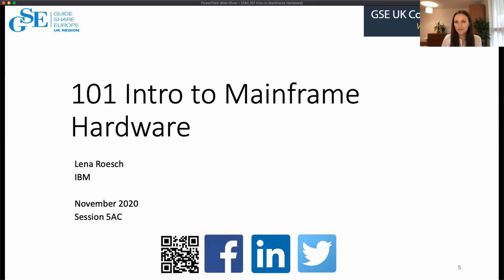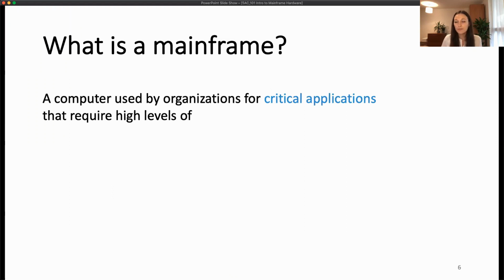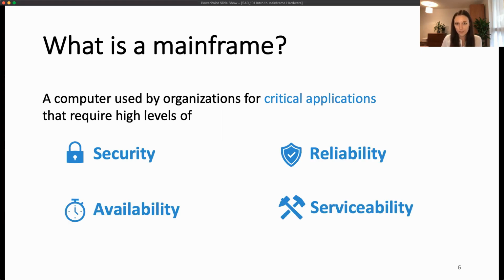So let's start with defining what a mainframe actually is. A mainframe is a computer that is used by organizations for critical applications, which require high levels of security, reliability, availability, and serviceability. A mainframe is a computer like your laptop or your phone is a computer.